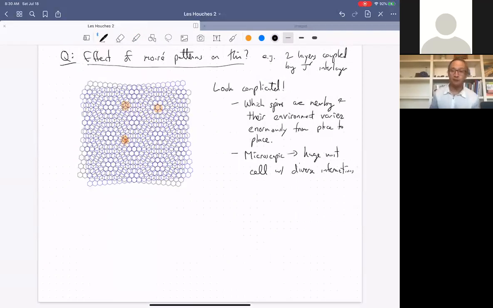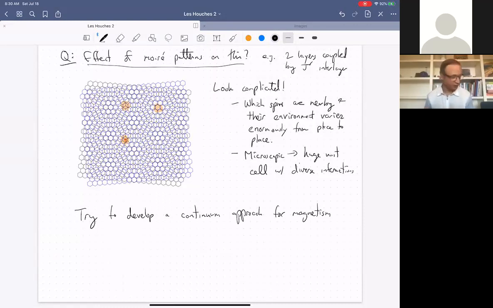But inspired from the success of continuum models of Moiré bands for electrons, we can try to develop a continuum approach for magnetic interactions, for magnetism, where we can forget about these atomistic details as much as possible and have a minimal description.